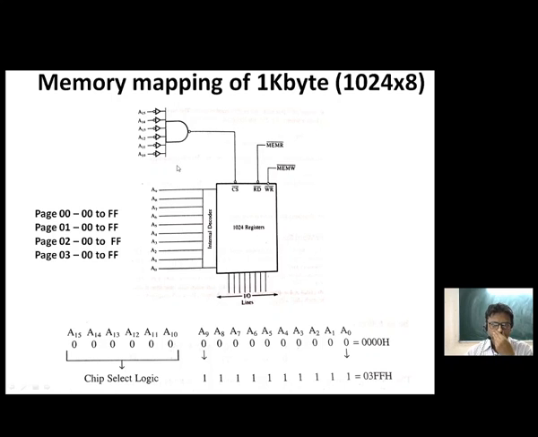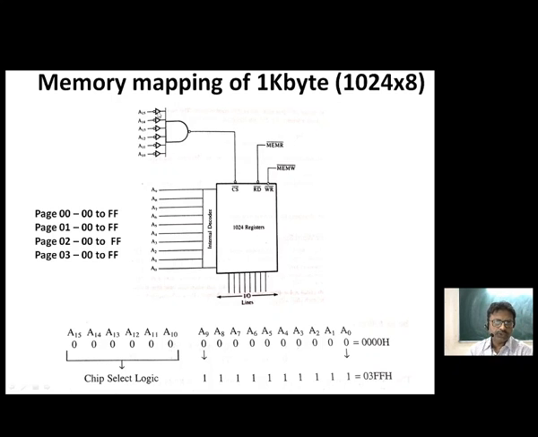Now, you can see that by changing the design of the hardware, we can change the address of the individual registers. Suppose I remove the inverter NOT gate from A15. Then there will be a change in the addresses also.